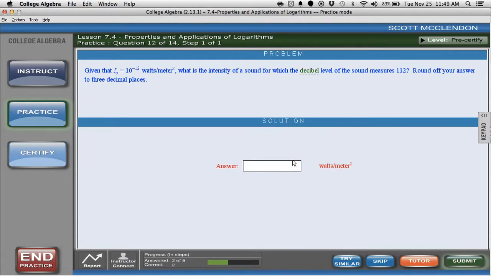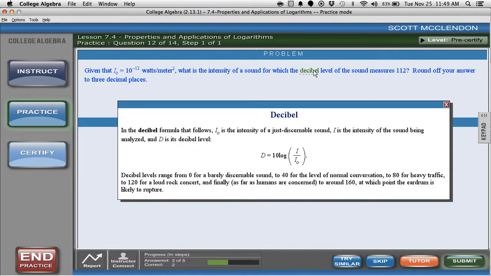Now, the next kind of questions here talk about decibels. So pH is based on a logarithmic scale, and so are decibels, the way you measure sound. So let's write down the formula for this. The decibel D equals 10 log of I over I naught, I sub 0.